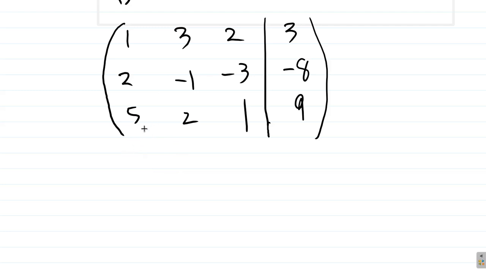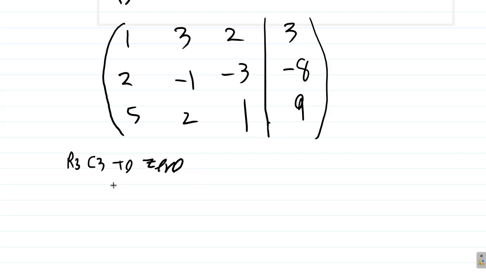So, what you do, turn the 5 into a 0. Turn the element in row 3, column 1 to 0. Alright?